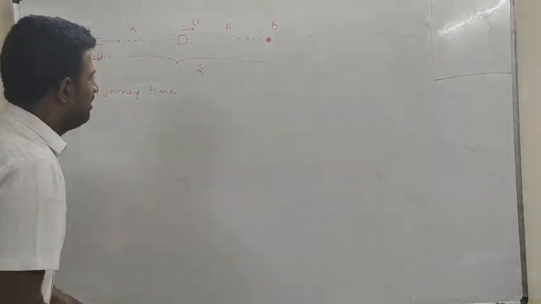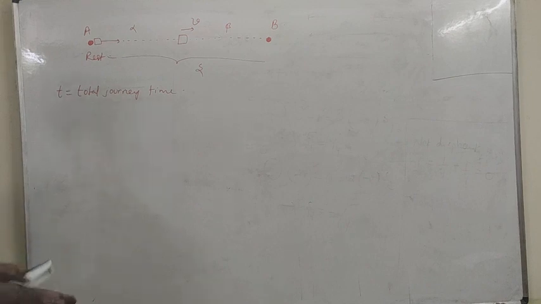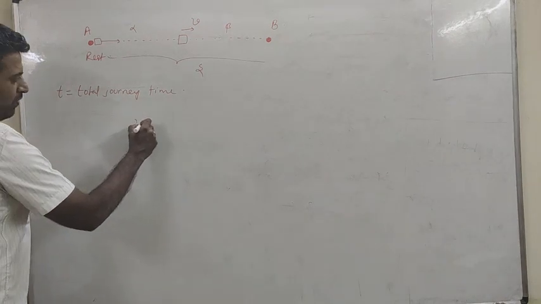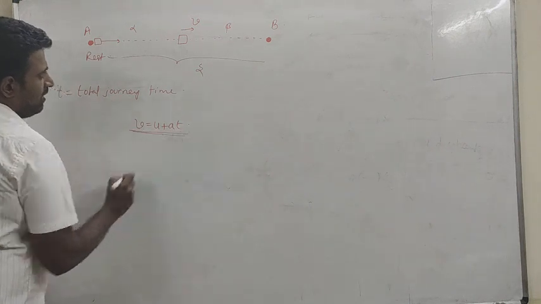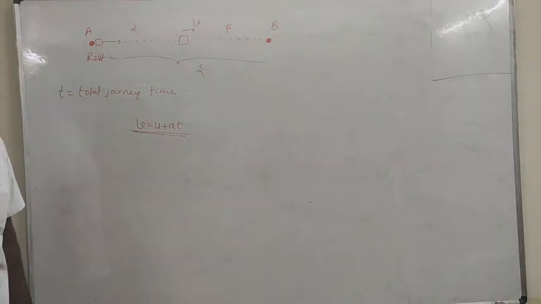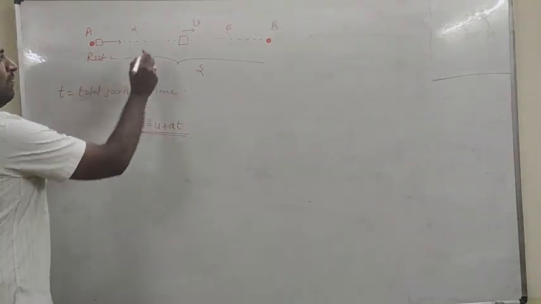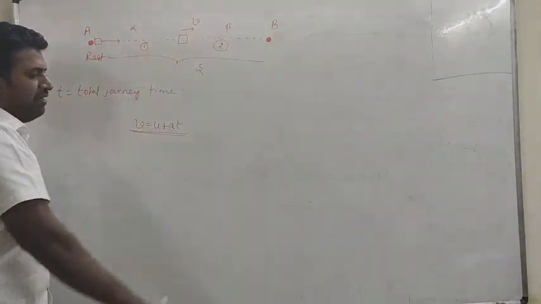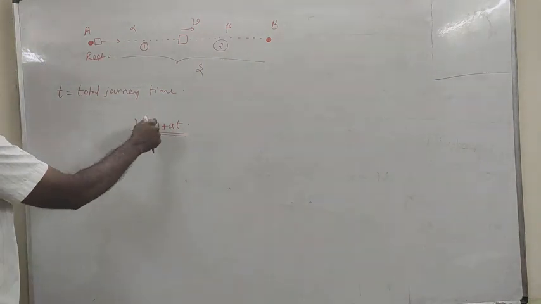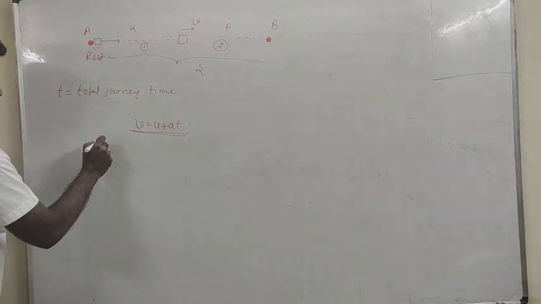For that purpose, I will implement V equal to U plus AT for both parts of the journey. I have two parts of the journey. One will be accelerated motion, the other one will be retarded motion. I will apply this equation first of all to the accelerated motion.